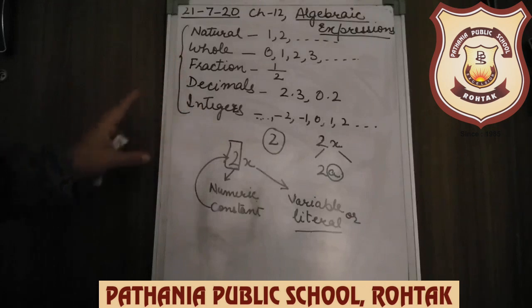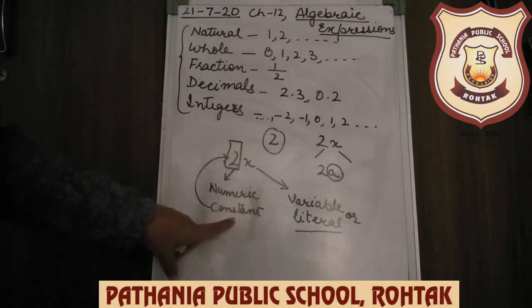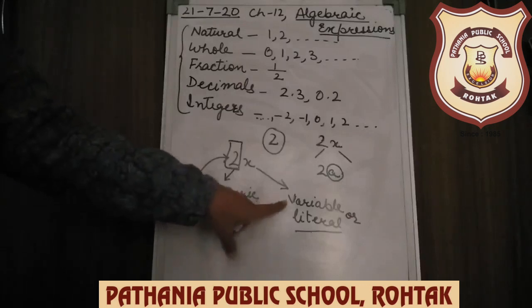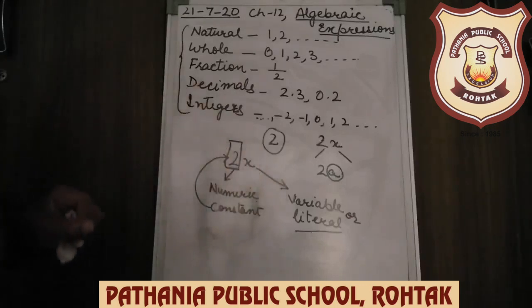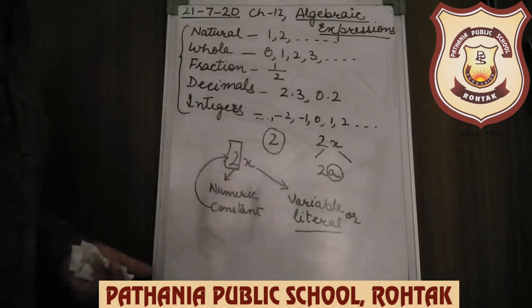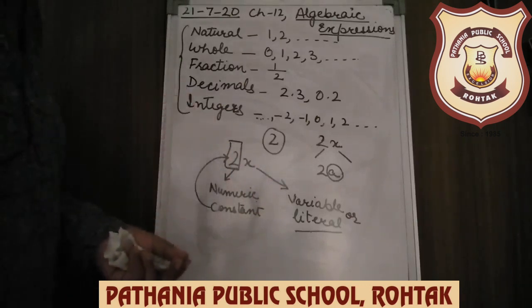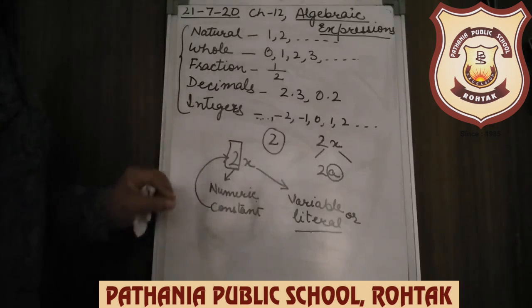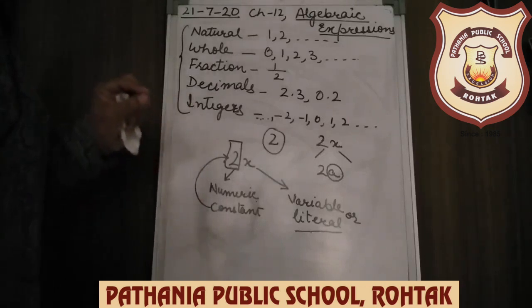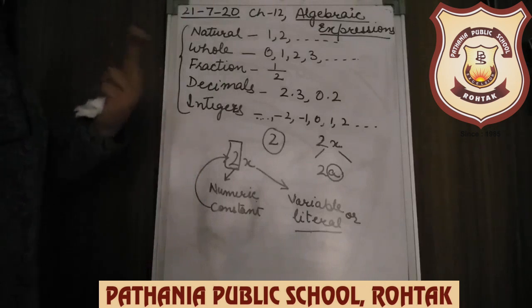So its value does not change. So that's why it is called constant. Variable means it has different values. It can be changed. It has no fixed value. So the value keeps on changing.